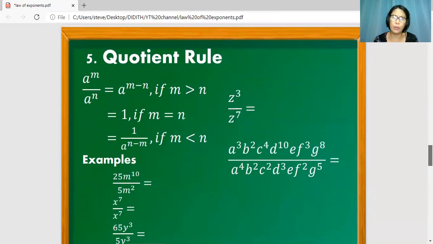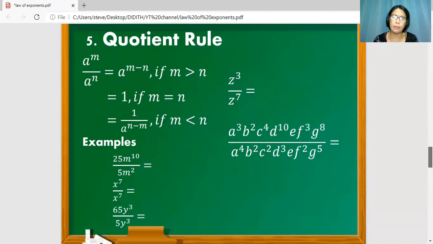Now, under the quotient rule, class, we have a to the m divided by a to the n. So this horizontal bar denotes division, and we are trying to divide the same base. So what are we going to do? First, if m is greater than n, or if the exponent of the numerator equals the exponent of the denominator, what we will do is copy the same base and then perform subtraction between m and n there.